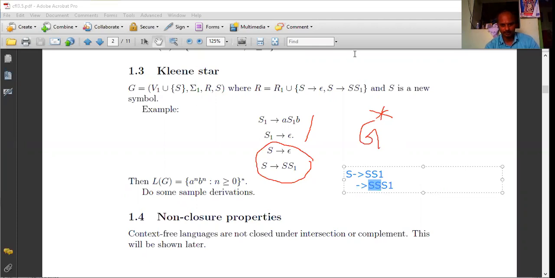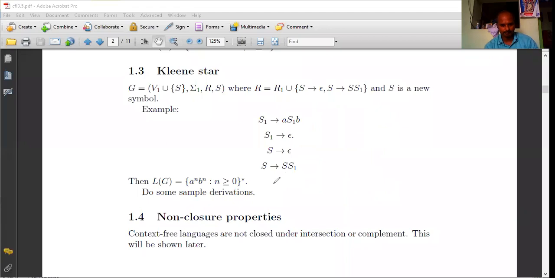The context-free grammars are closed under the star operation. And here observe this, the context-free grammars are not closed under intersection and complement. This is the closure properties of the context-free grammars.